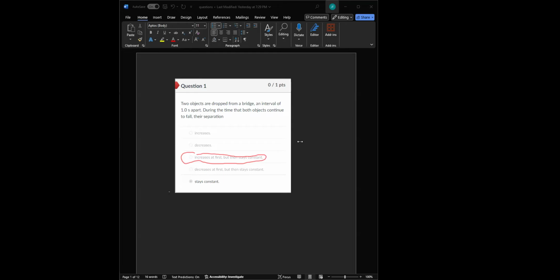So basically the distance between them would be the distance of the first one minus the distance of the second one. The first one would be 1/2 a (t plus 1) squared, and the second one would be 1/2 a t squared.